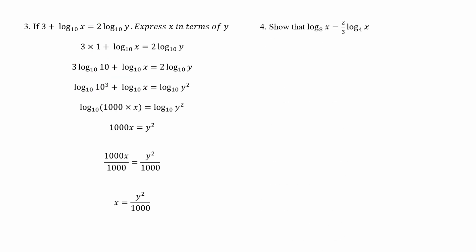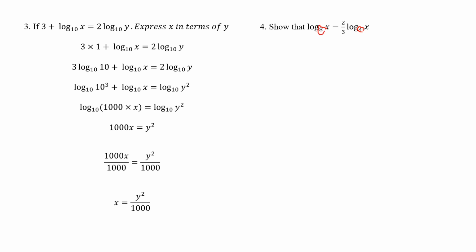Number 4, show that log of x base 8 is equal to 2 all over 3 log of x base 4. Now, on the right hand side, we are having a base 4 there. And on the left hand side we are having a base 8 there.